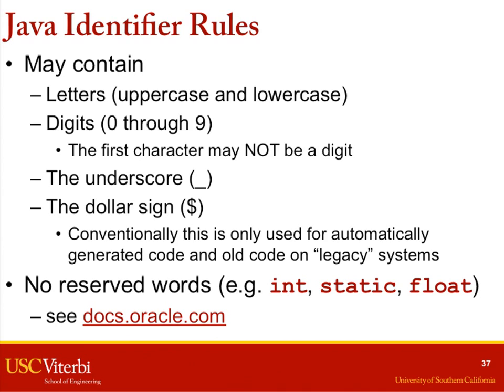When you create your variable names, like other programming languages, it's alphanumeric. You can use letters, uppercase, lowercase, digits 0 through 9, and the underscore. In Java, you can also use the dollar sign, but that's really used for legacy systems, so don't use it. And you can't use reserved words like int or static, since these have other meanings.